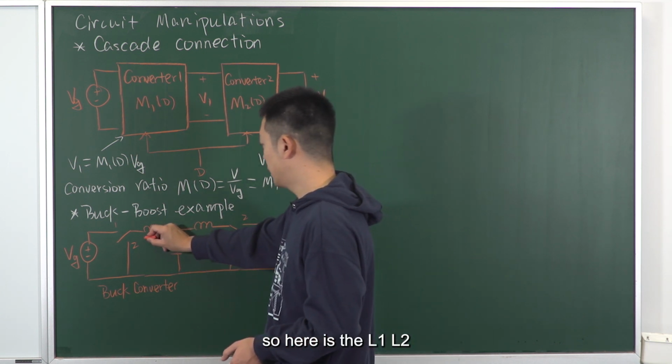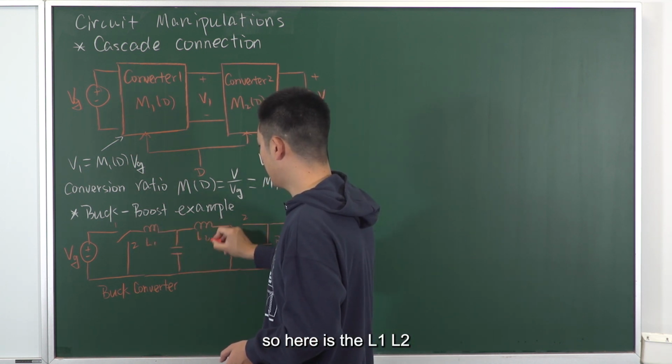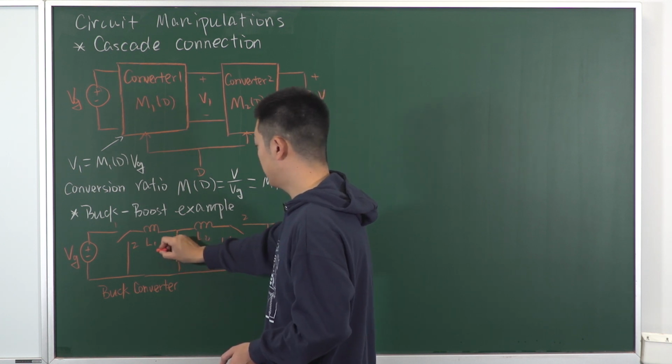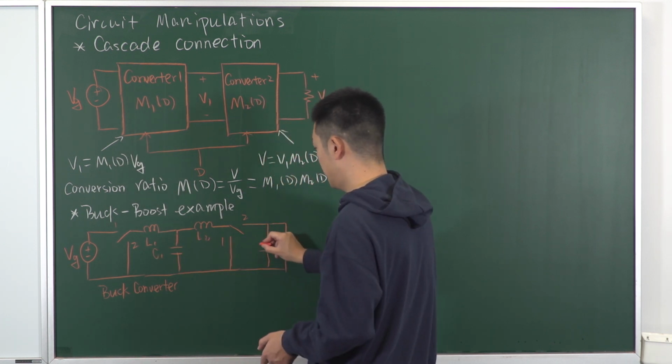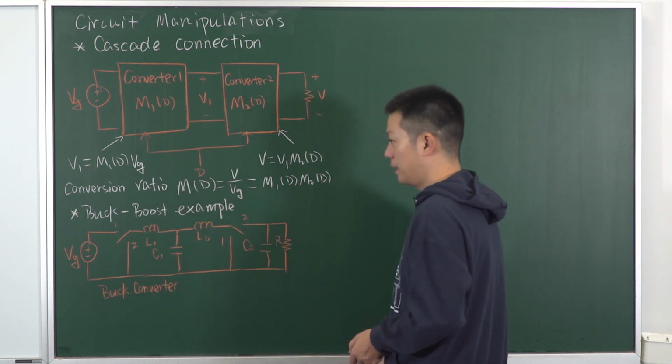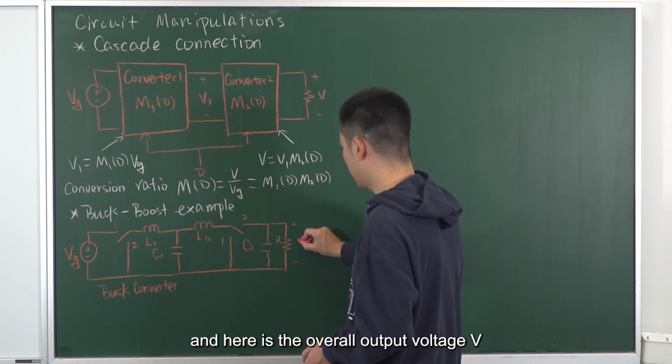So here is the L1, L2, and here is the C1, C2. And here is the overall output voltage, V.